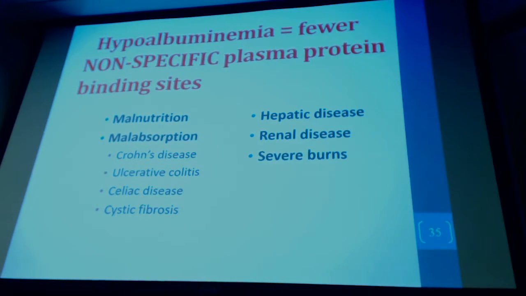We don't want to give them a real high dose, because once all those sites are filled up, we don't want them to be toxic. It may take them 48 hours before we see an effect from the drug, as opposed to 24 hours. Once we stop that drug, they're going to have a long duration of action because it's releasing it slowly.